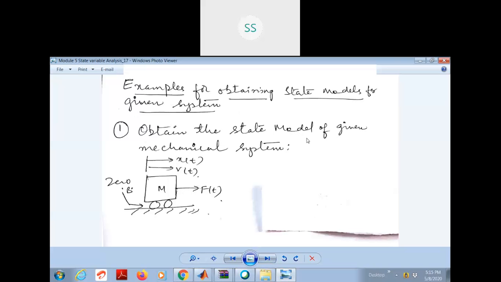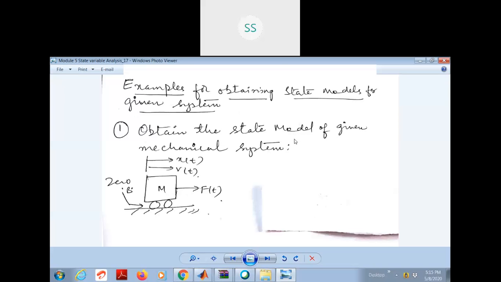Previously we wrote the state model in a very general condition by considering n number of equations, but here we have to write the state model for this particular system. The state model comprises all the state equations and the output equations.